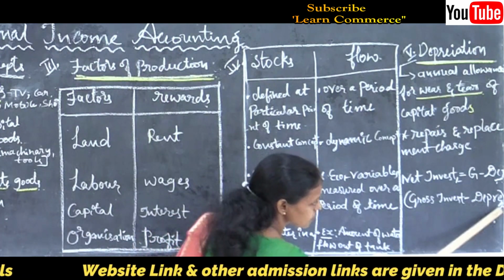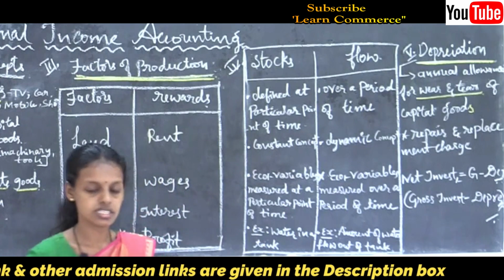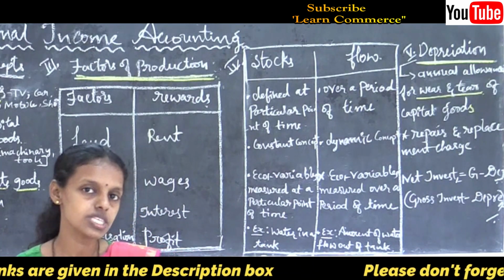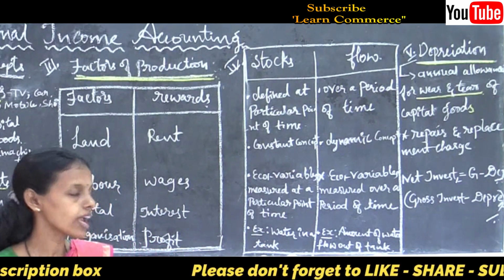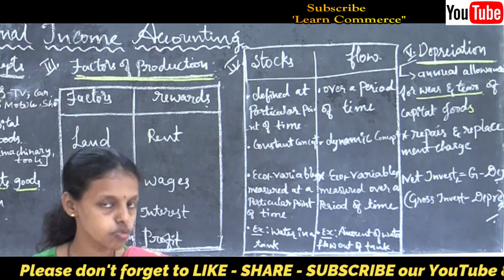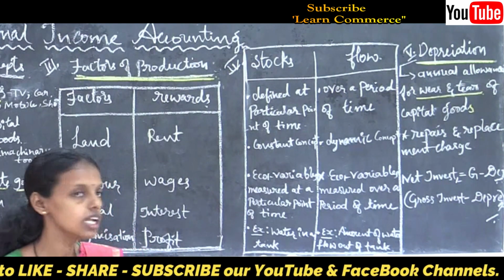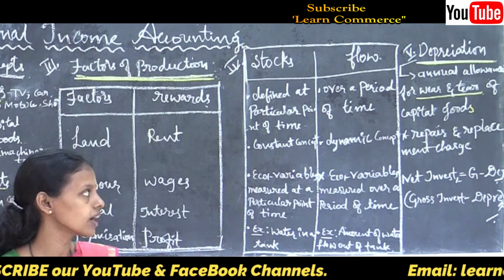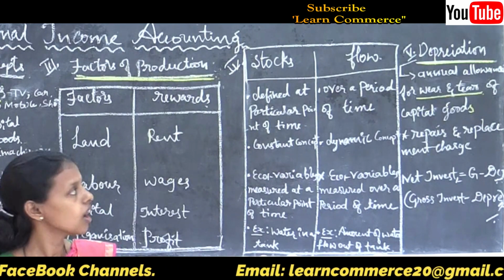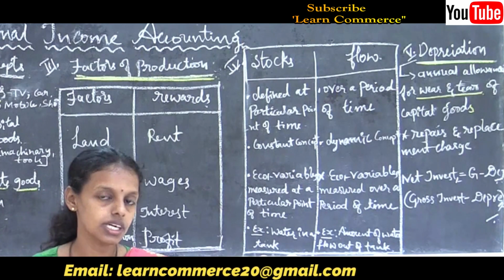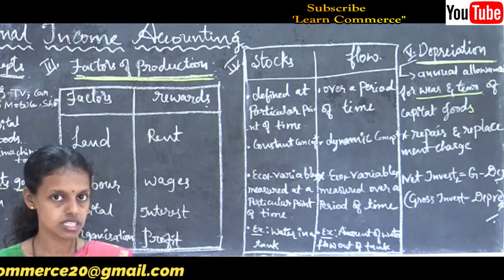Gross investment minus depreciation charges. Depreciation charges are those charges which are annual allowances for wear and tear of capital goods, or repair and replacement charges on capital goods, said to be the depreciation charges.